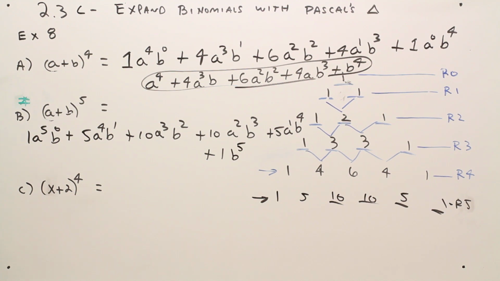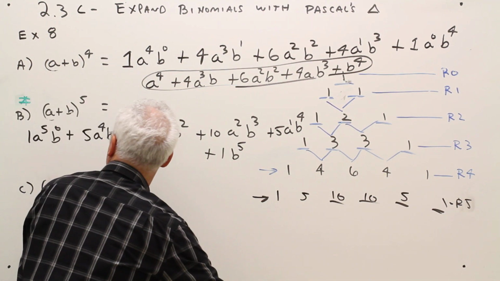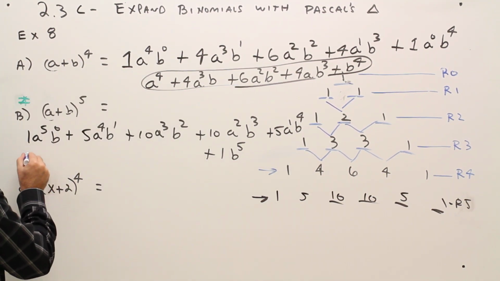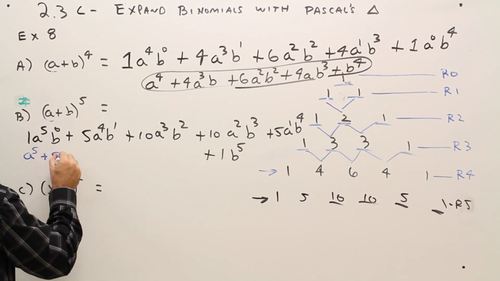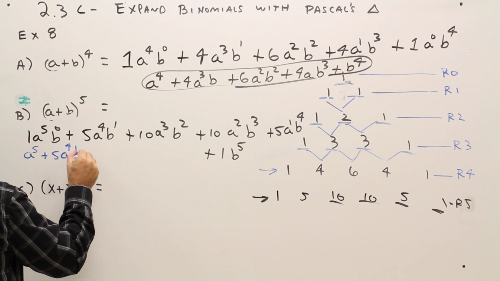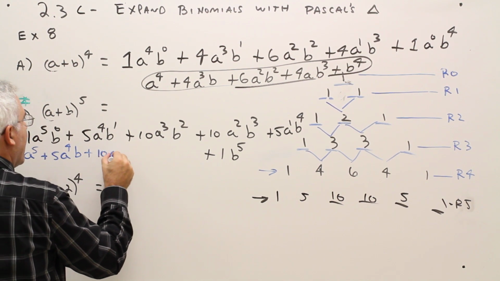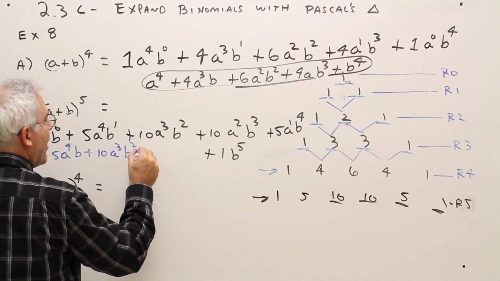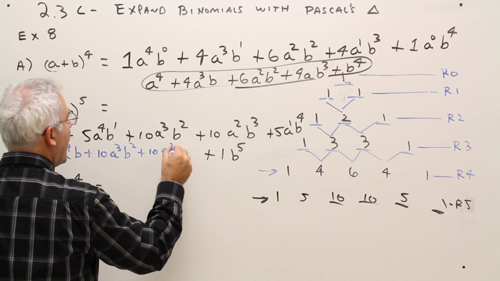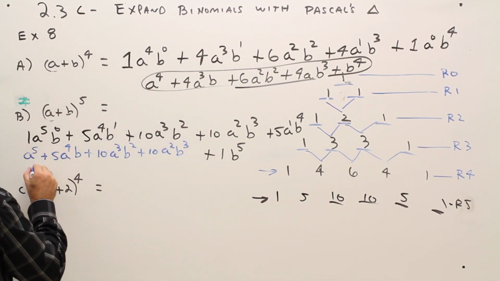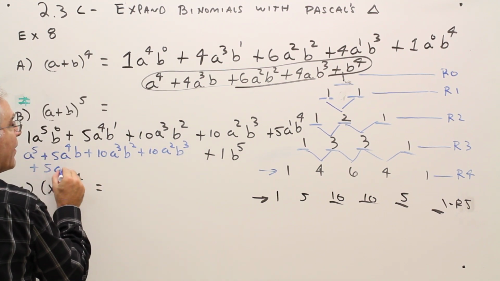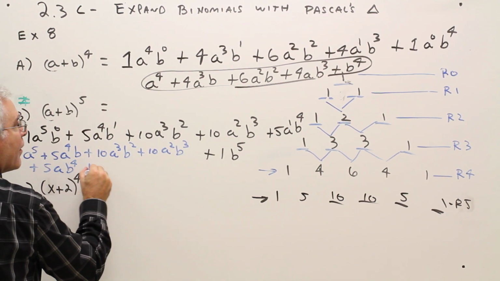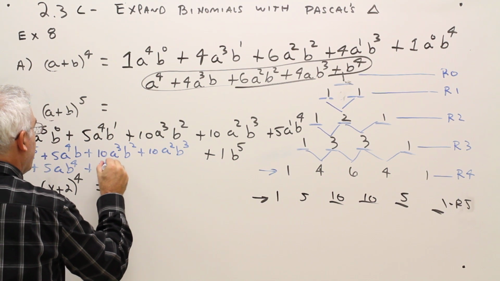All right, let's clean that up. I'll use a different color. So we'll go a to the 5 plus 5a to the 4 b plus 10 a cubed b squared plus 10 a squared b cubed plus 5a b to the 4 plus b to the 5.